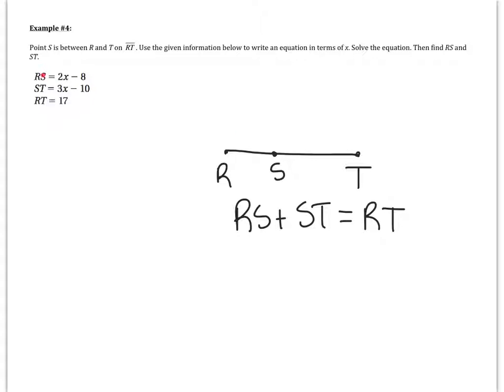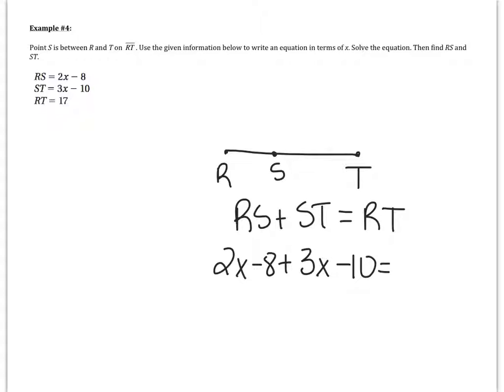So if we have RS is 2x minus 8, we would have 2x minus 8 plus, and again we know that ST is equal to 3x minus 10. That's in our given information up here. So we'll replace the ST here with 3x minus 10. And we know that's equal to RT, which we are told in our given information is equal to 17.